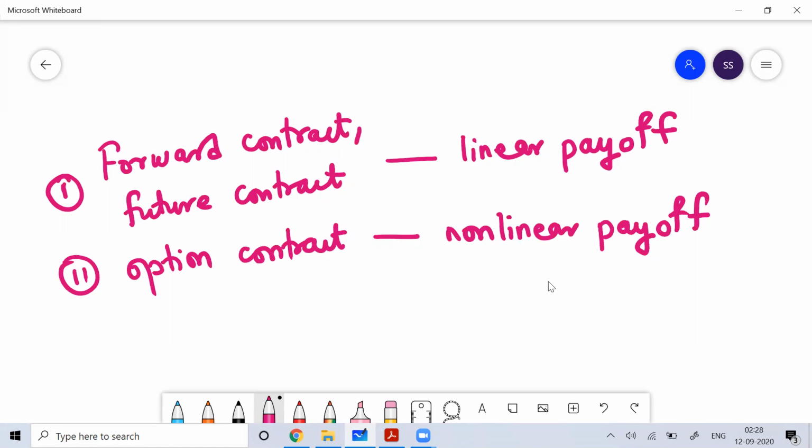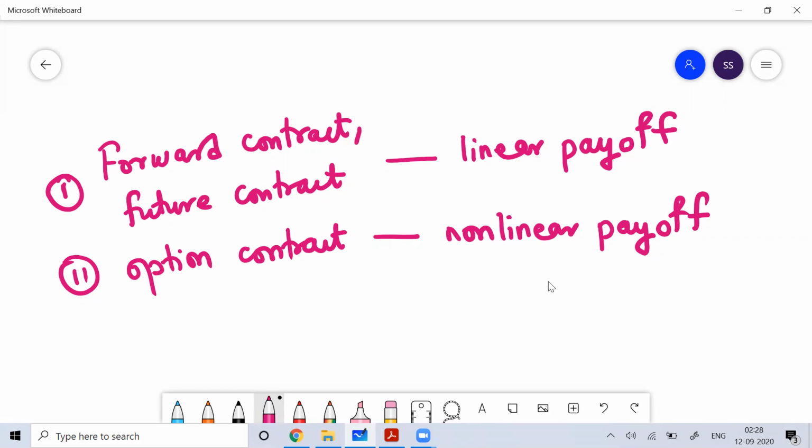In the case of option contract, I hope you remember the long position holder has the right, but no obligation, to follow the contract in the future. In order to enjoy that right, what does the long position holder do?